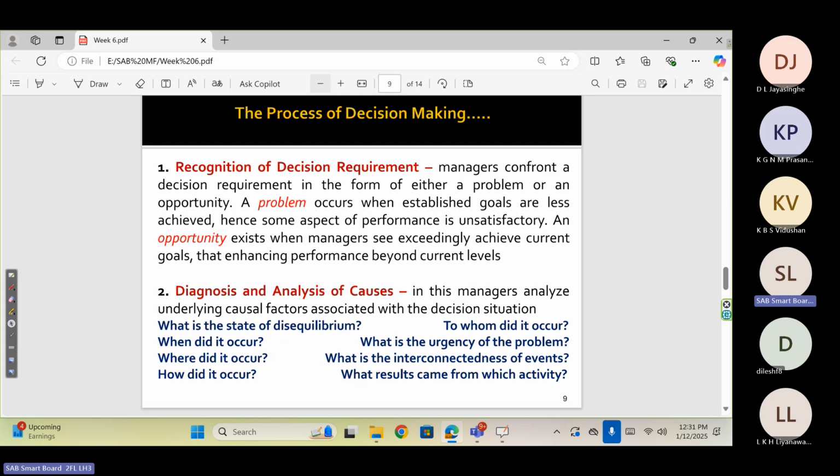How to achieve the results, so what results would come from what activities. Likewise, these questions can be considered to come up with effective answers in the root cause analysis.